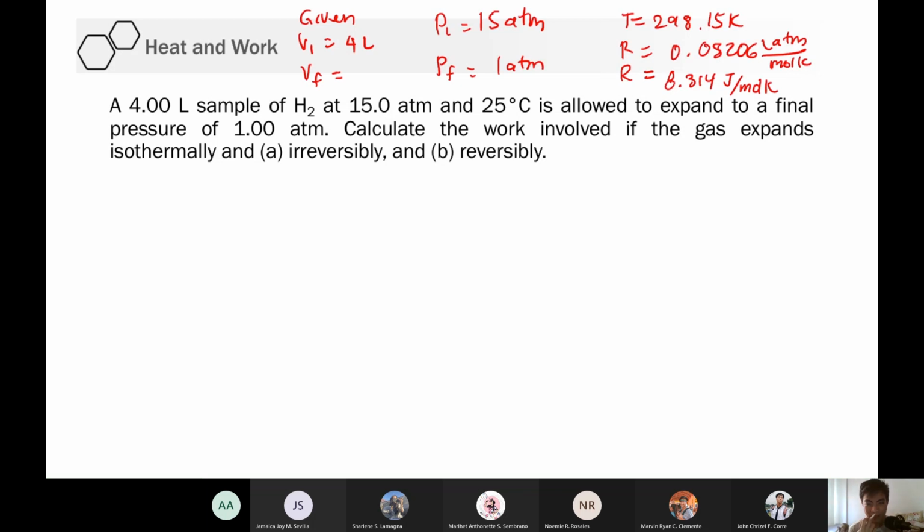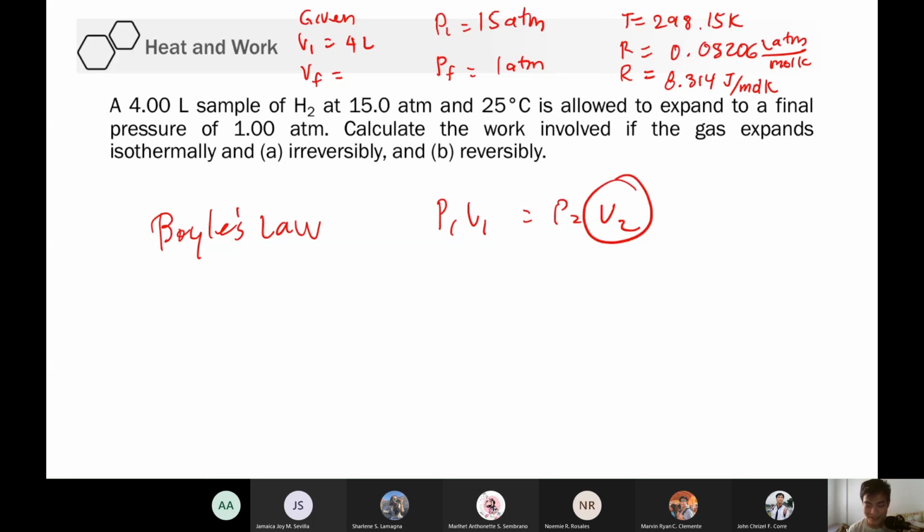Paano kinukuha yung V? Meron akong sasabihin. Boyle's Law. Pwede niya to gamitin. Ang sabi sa Boyle's Law, P1 V1 equals P2 V2. Given yung P1, P2, given yung V1, hanapin mo yung V2. Di ba kaya? So yun, hahanapin natin yung V final kasi yun yung kailangan natin.